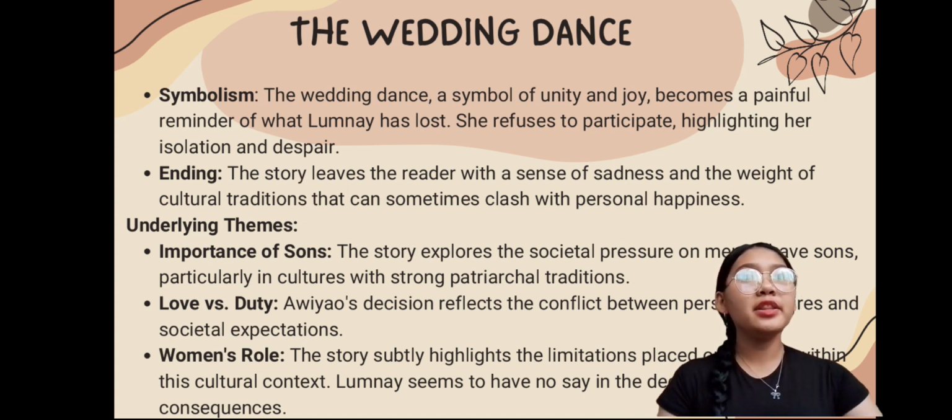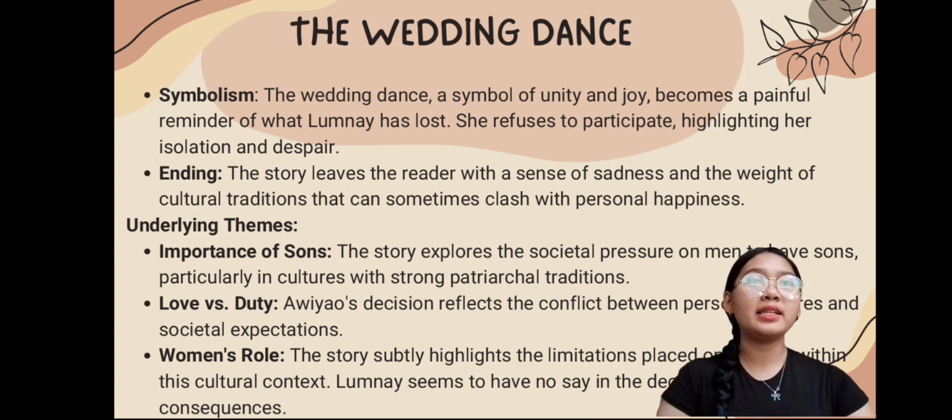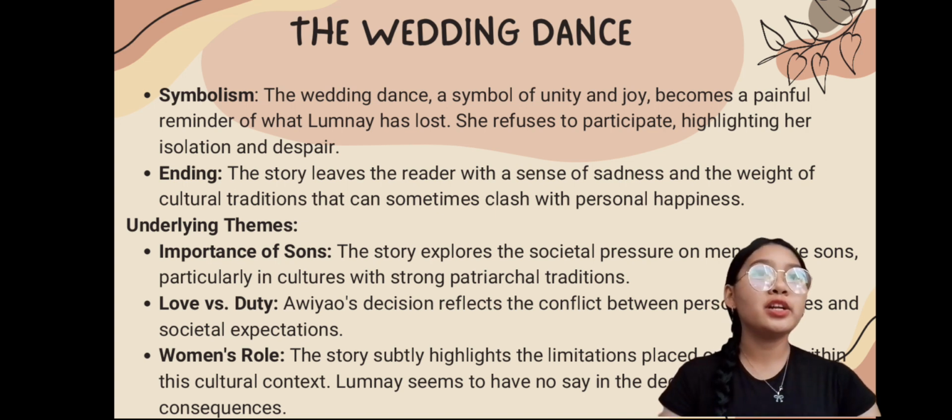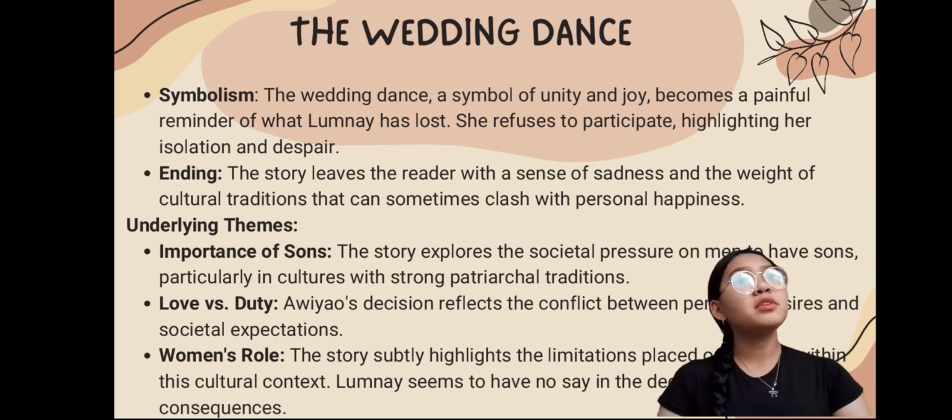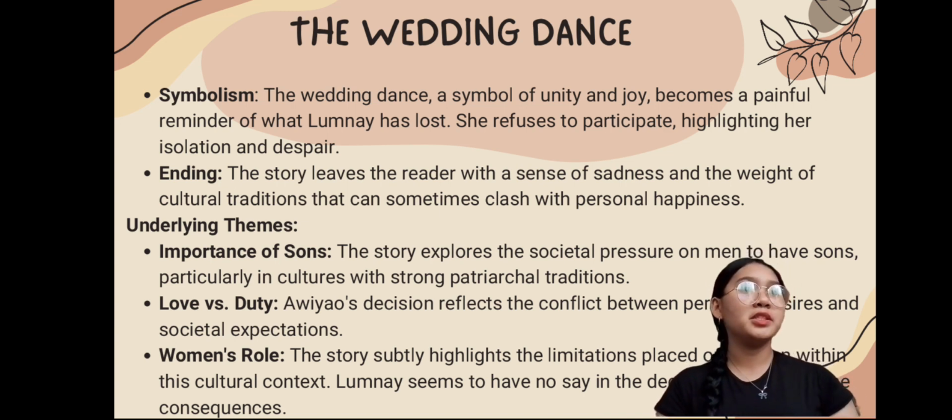So we have here the ending. The story leaves the reader with a sense of sadness and the weight of cultural traditions that can sometimes clash with personal happiness. So we have the underlying themes. The themes: love versus duty, the importance of sons, and the woman's role.